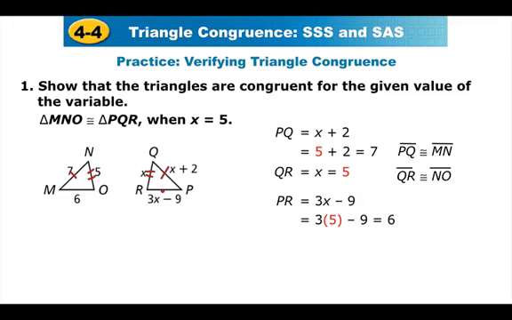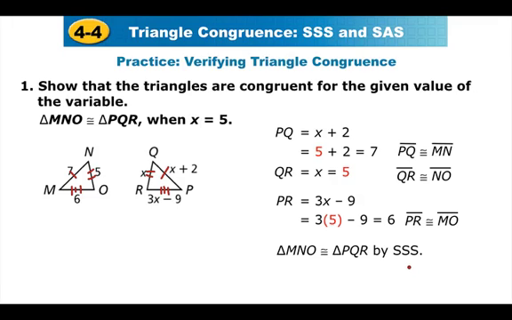Once you substitute, you get 6. So this side must be congruent to this side, or equal. And by definition, since they're equal, they must be congruent. So what allows me to say that these two triangles are congruent? They are congruent by the side, side, side shortcut, or side, side, side postulate.